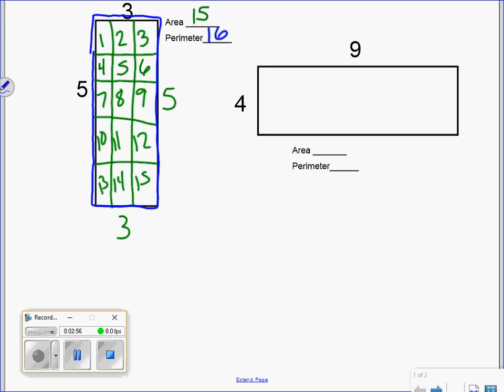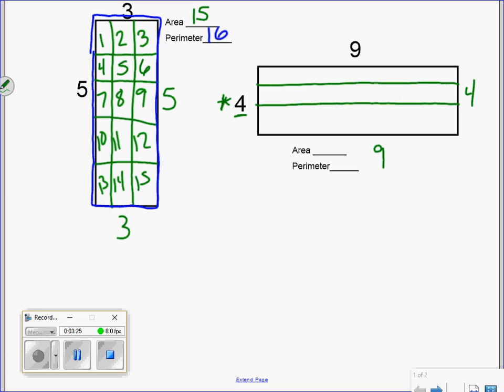Let's look at another rectangle. Now we would solve this the same way, but instead of our numbers being 3 and 5, our dimensions or sizes are 4 and 9. So I'm going to start with this 4. If it's 4 on that side, the opposite side is also 4. And if the top is 9, that means the opposite side, the bottom, is also 9. I'm going to start with that 4 here, and I'm going to make 4 rows.